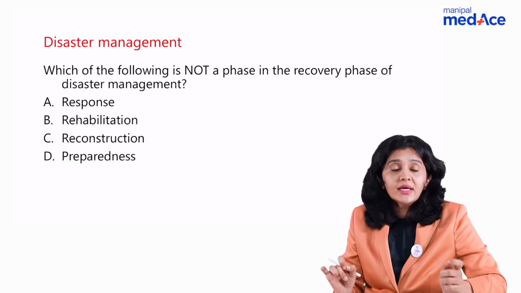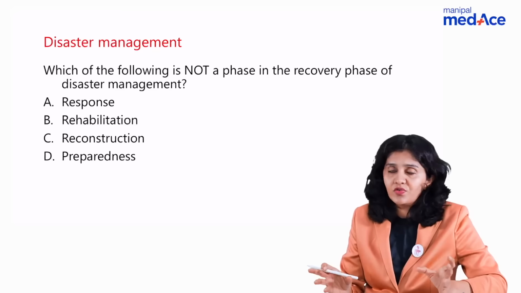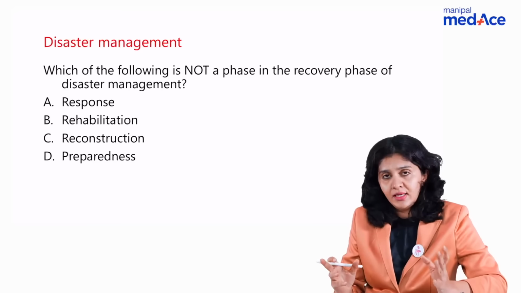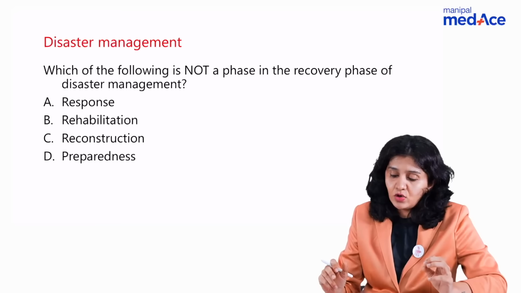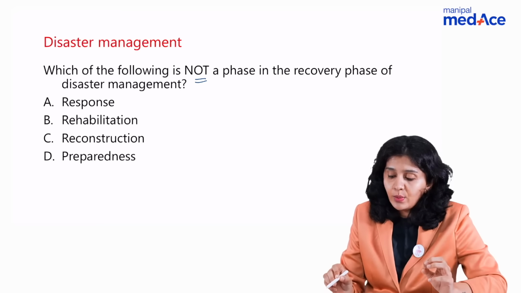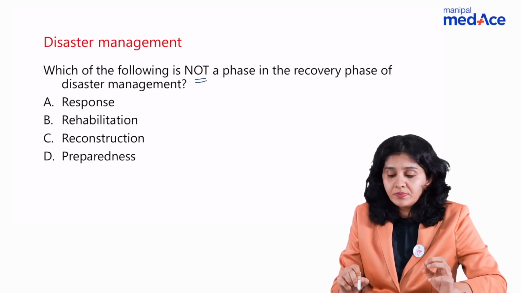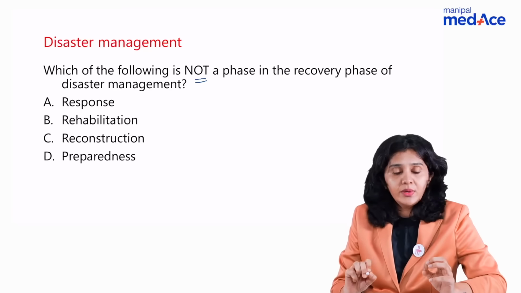Moving on to the next topic, disaster management. Of course, you already know that disaster is given very much importance in NEET exams especially, and there are 2 questions from this particular topic. Which of the following is not a phase in the recovery phase of disaster management? Response, rehabilitation, reconstruction, preparedness. Response, rehabilitation, reconstruction is done in the recovery phase.